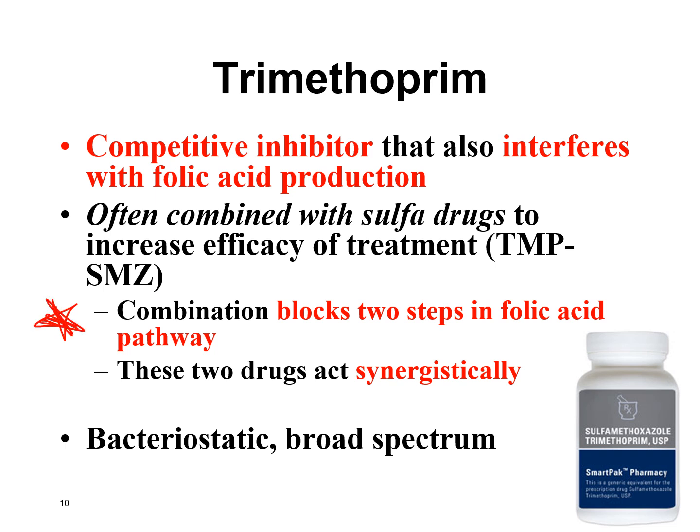That way we doubly make sure that the bacteria can't make their folic acid, and then they can't make the purines and pyrimidines or their nucleotides, and they can't make their DNA and RNA, and then they're going to be in trouble. By using both of these together, they act synergistically, and what that means is, syn means together and erg means to work.